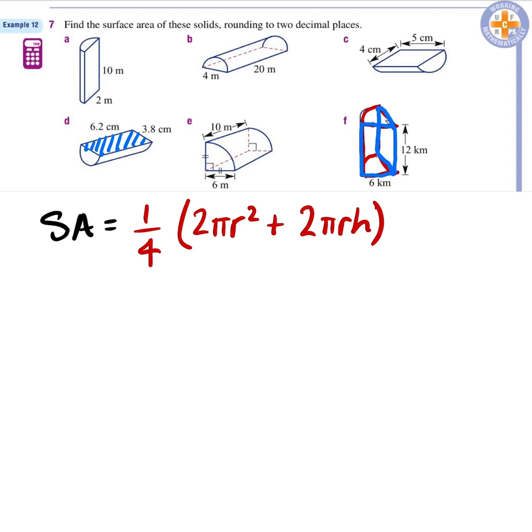So that would be all of the red part done. But then we just need to remember to include the two rectangles at the end.